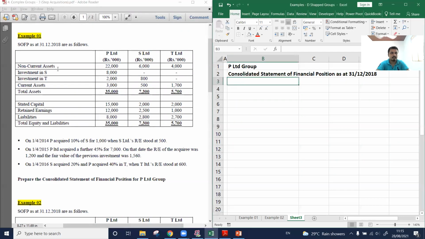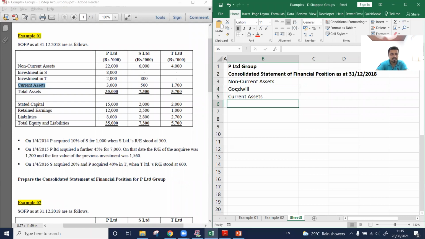We have non-current assets. Take it over here, and the investment values will be set off. But there will be a goodwill. If there is a goodwill, we need to allocate a space for that and compute it.